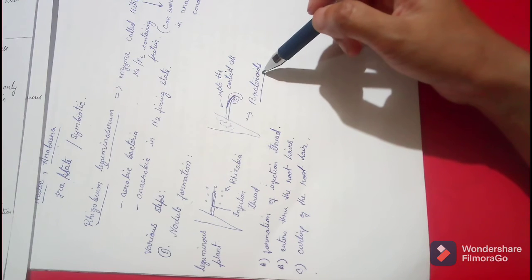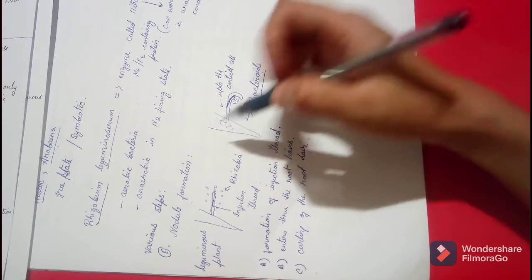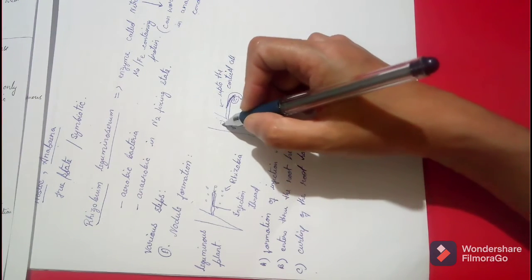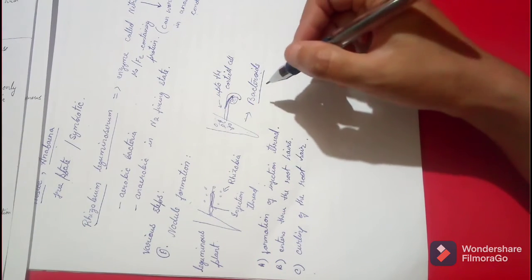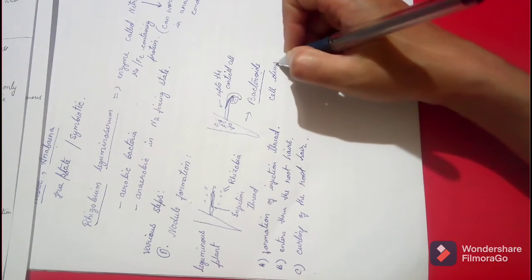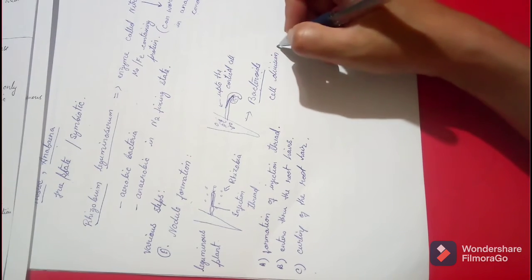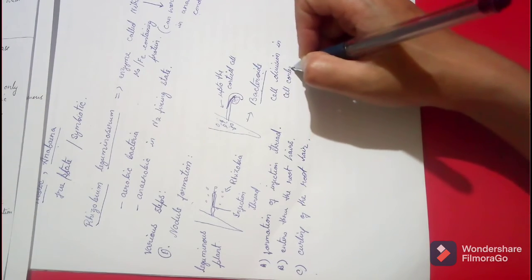These cells are called the bacteroids. After they form inside the cell of the root, they will initiate cell division in the cell cortex.